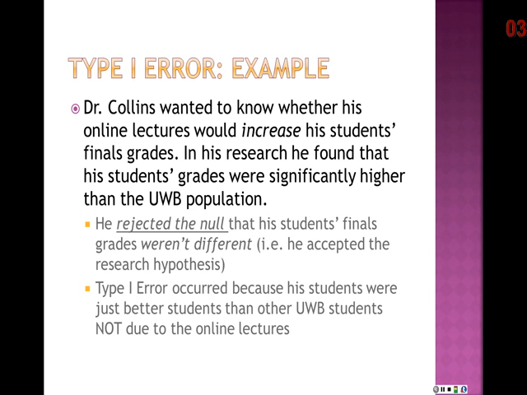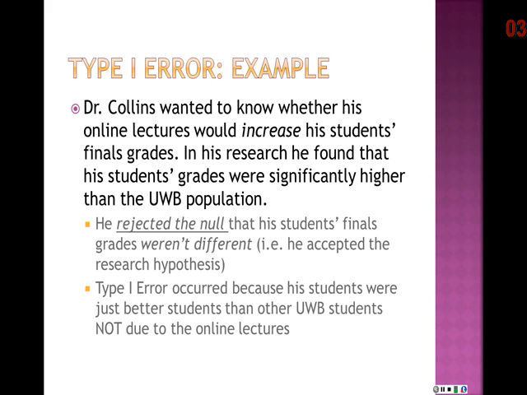However, in this case, type 1 error is occurring, and it's occurring because it's not my online lectures that make my students' grades better. It's actually the fact that my students are just better students, right?